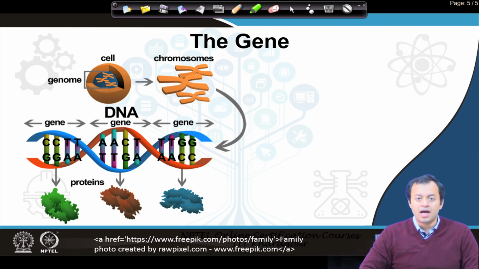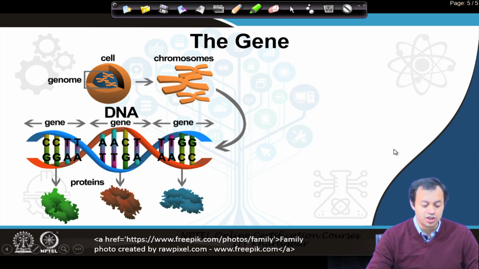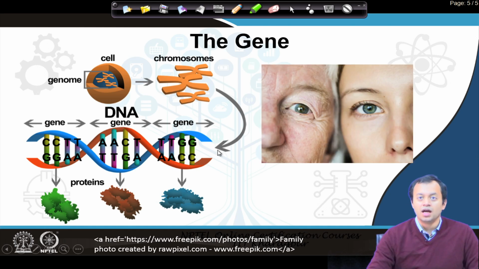So, now I think we have some understanding of what genes are. You have chromosomes present in the nucleus. We have 23 pairs of chromosomes. We get one set of each pair from our father, one from our mother. These chromosomes contain DNA, and some parts of the DNA which can be actionably converted into proteins are basically the genes. So, depending on all of that, you have the same color as your grandmother's eyes, okay?